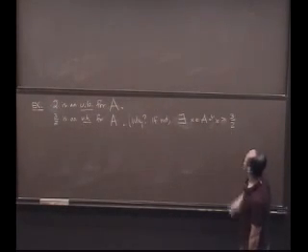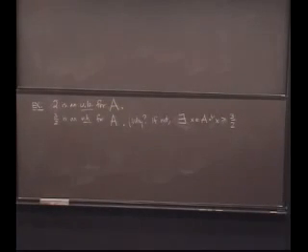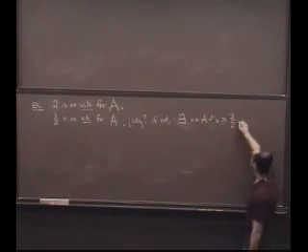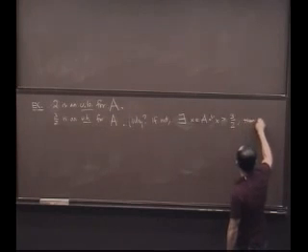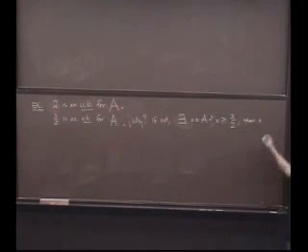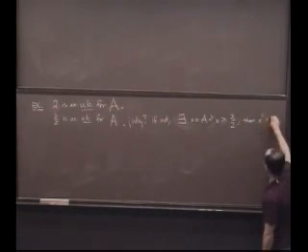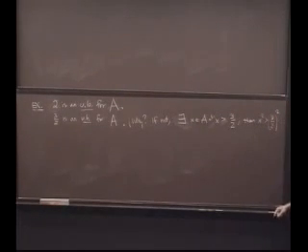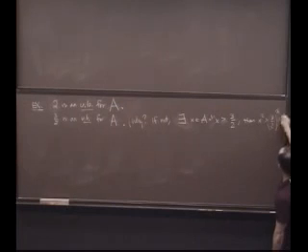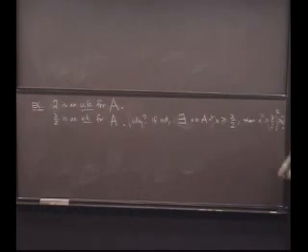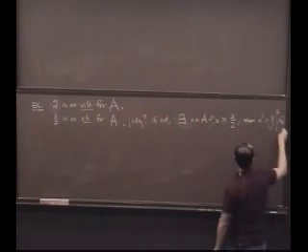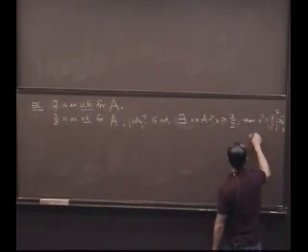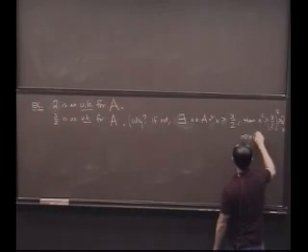Then x squared is going to be bigger than 3/2 squared, which is bigger than 2. You can check that. And then x could not have been in A, which is a contradiction.